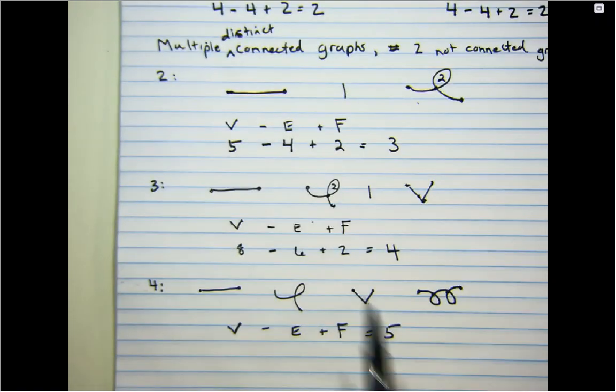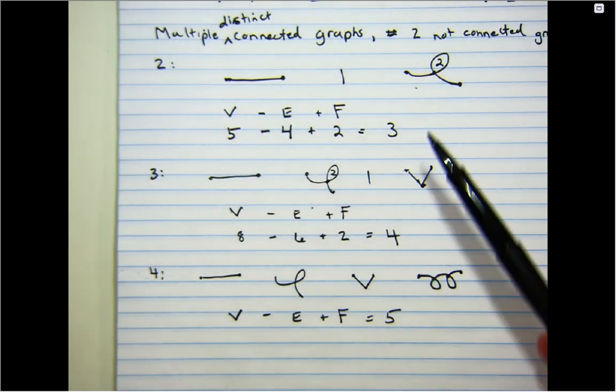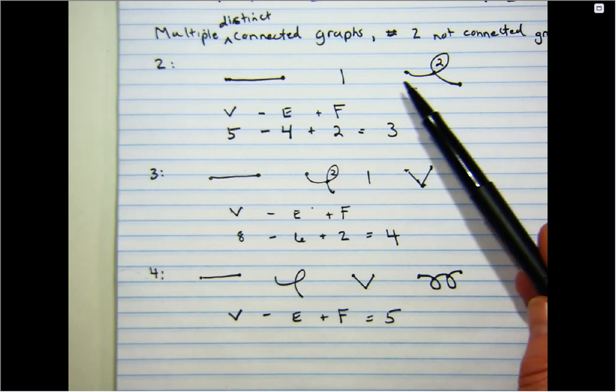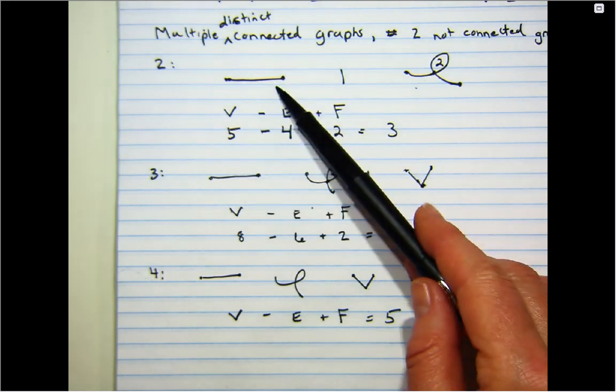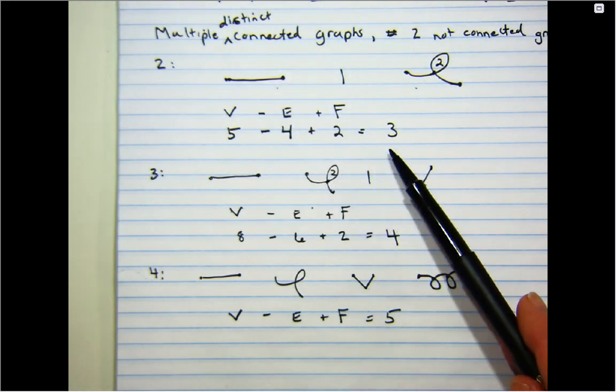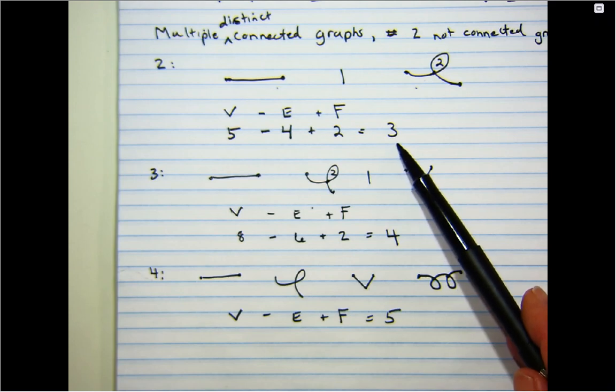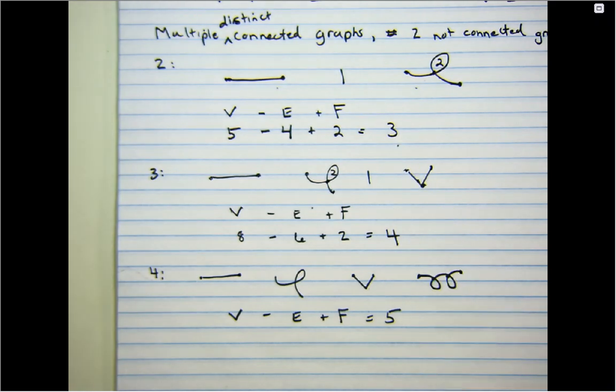But now when we put several in a plane, every time you add a distinct connected graph to another distinct connected graph in a plane, it just goes up 1 unit. From 2 it goes to 3 when you have 2, for example. Anybody know why it goes up 1 instead of 2?